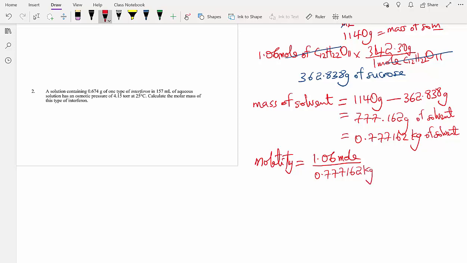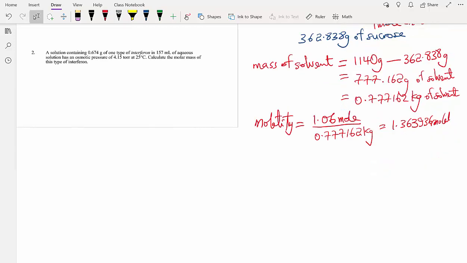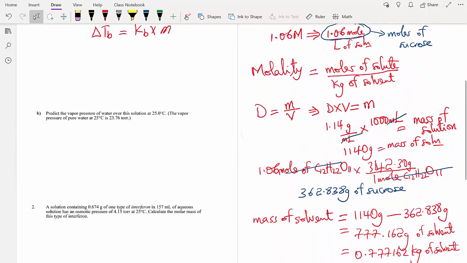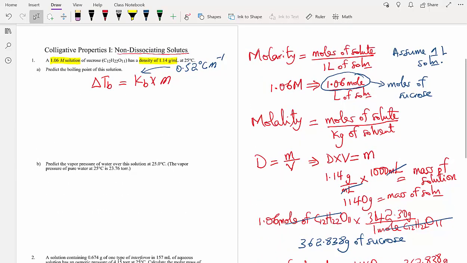And that works out to 1.363936 molal. Let us now find the boiling point elevation.